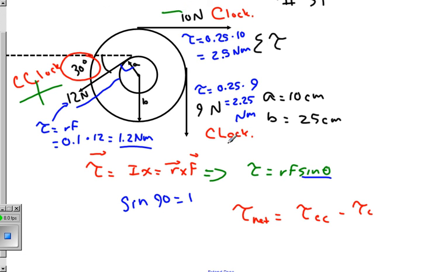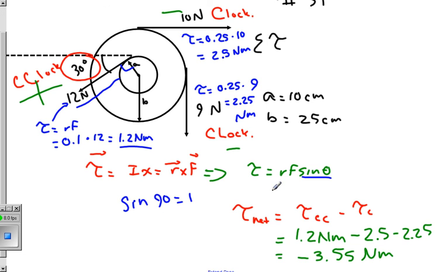These two over here are both negative torques, and so we find that our net torque is our 1.2 Newton meters minus our clockwise torque, which is 2.5 minus 2.25. So we end up getting a net torque equal to negative 3.55 Newton meters. So it will accelerate in the clockwise direction.